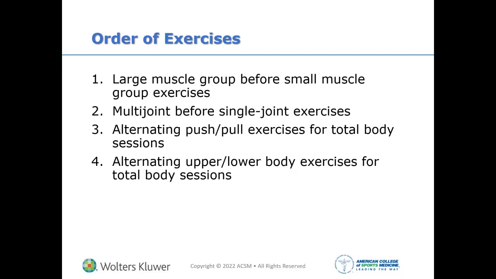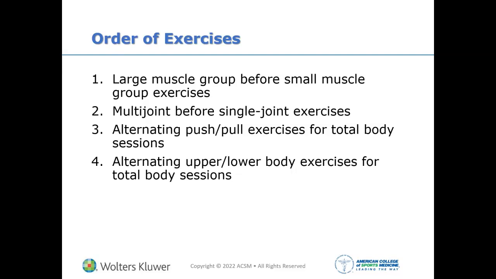After I've selected which multi-joint exercises I'm going to do, I triage by the size of the muscle group. So for example, the legs, so quads, glutes, hamstring, all that kind of stuff, my legs are larger than my upper body, my arms. So if I'm trying to decide between doing a chest press or a bench press before a squat, I probably personally would choose a squat before a bench press because the muscle group is just larger, and so that's how you would triage that.